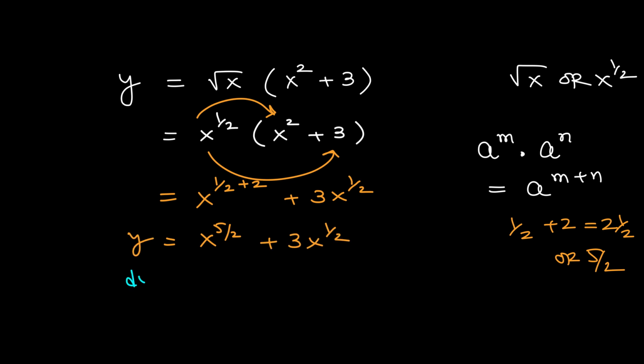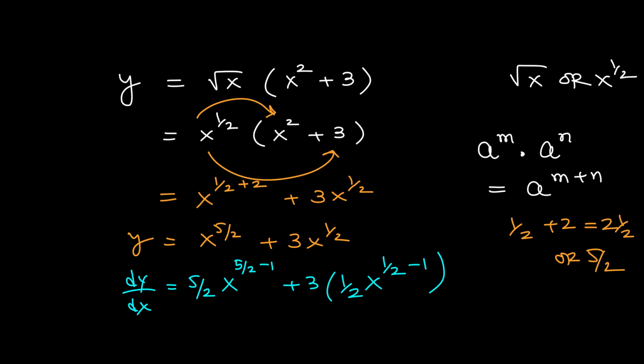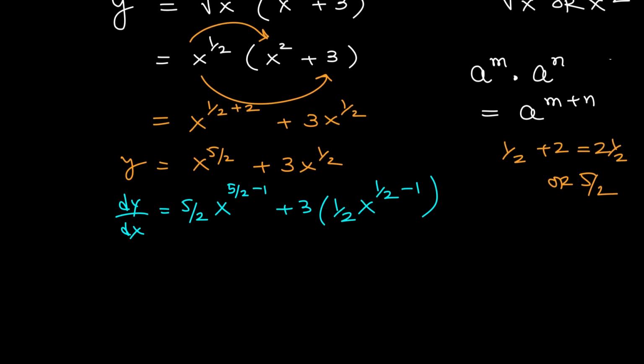Now differentiate, dy by dx. 5 over 2 comes down, x remains as it is, the power reduces by 1. 3 as it is, half comes down, x remains as it is, power half minus 1. Now let's simplify it further. So we have 5 over 2 as it is, x raised to the power of 3 over 2, 3 over 2 as it is, x raised to the power of negative half.